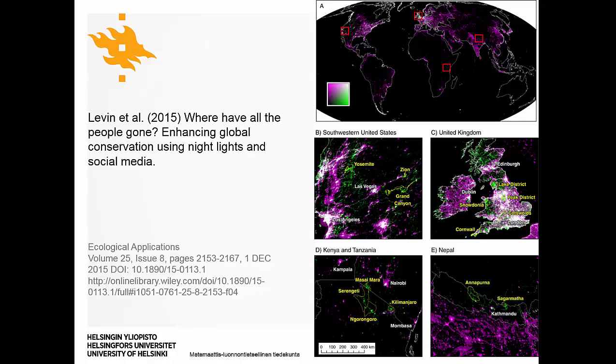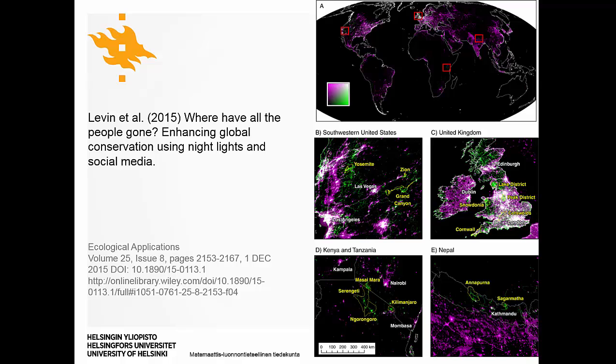It doesn't fully work, but it is still some sort of a surrogate for where people are, at least those with a lot of resources and potentially a lot of destruction power, if you will. They compared nightlights and social media post density and identified areas where there are no nightlights, so basically no permanent inhabitants. That was their interpretation.